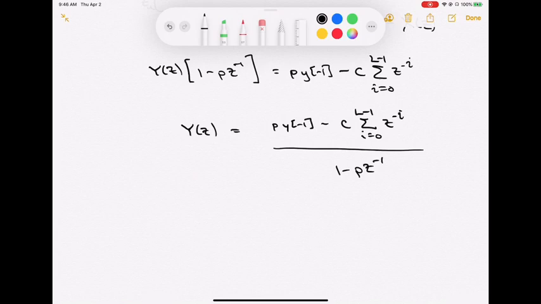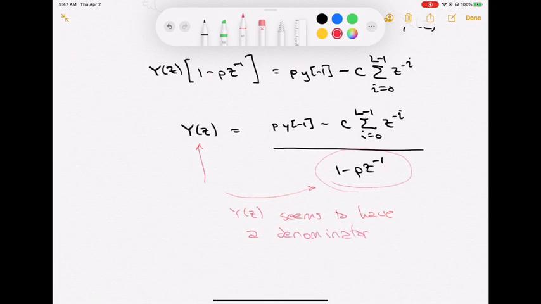And I want to do some thinking about this. It's a little bit out of the box thinking, and this thinking is the key to solving this problem. What I'm going to look at is this denominator term. This expression for my loan balance, y of z, seems to have a denominator that has a pole.